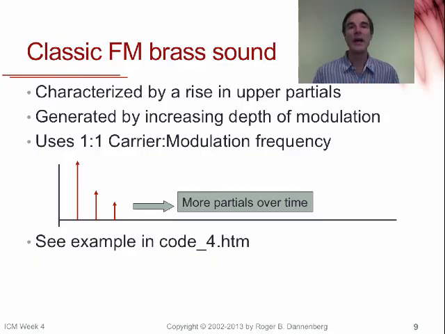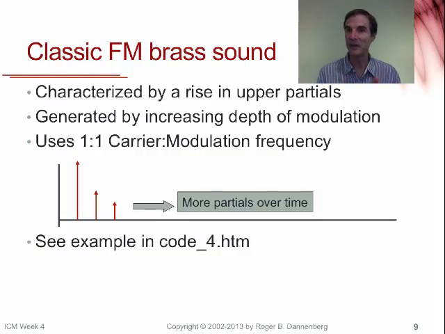So let's look at a classic FM synthesis sound for doing something that's characteristic of a brass instrument. Brass instruments have a rapid rise in the upper partials as the sound gets louder.